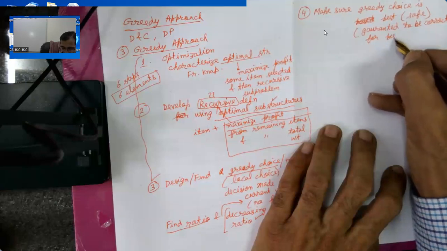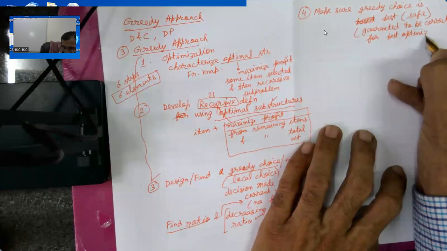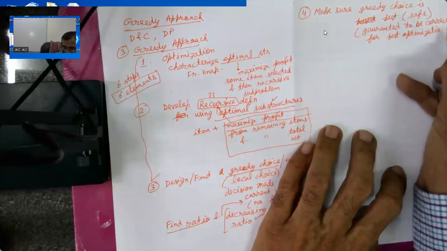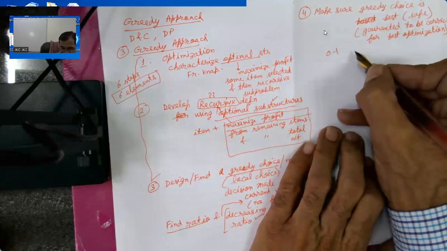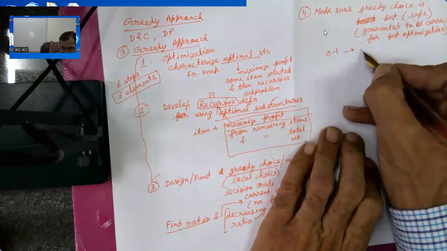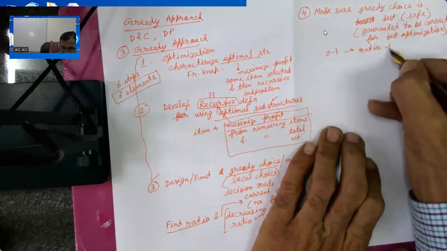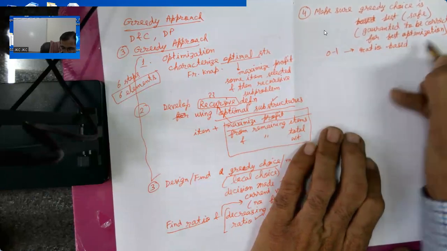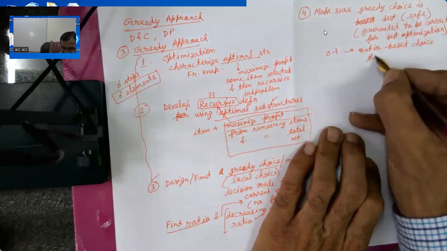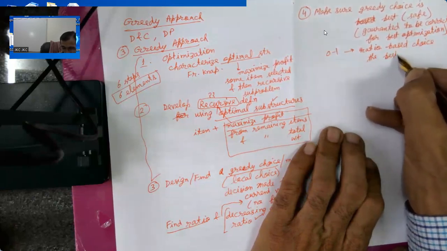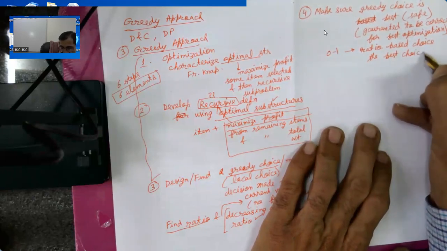correct for best optimization. Like we have already said that the same ratio based choice in 0, 1, I cannot guarantee. Ratio based choice might not be the best choice, because we have already seen that this was not going to yield the optimal solution. Not the best choice always.